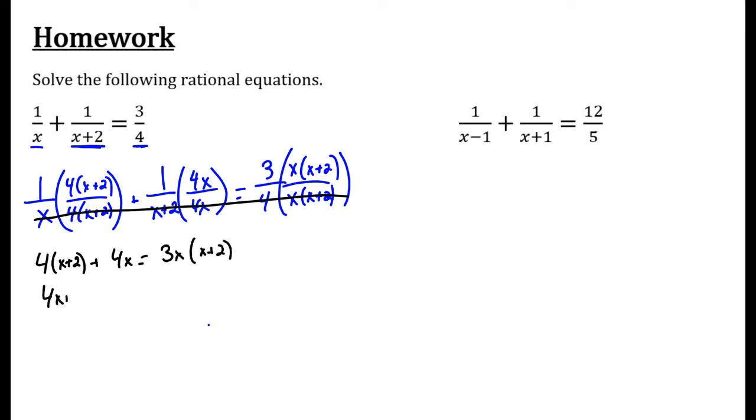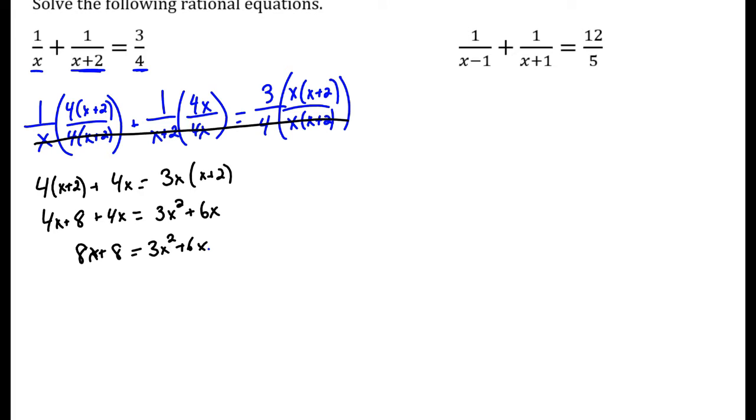Using the distributive property twice, we get 4x plus 8 plus 4x equals 3x squared plus 6x. 8x plus 8 equals 3x squared plus 6x. Now this is a quadratic equation, so I set it equal to 0.